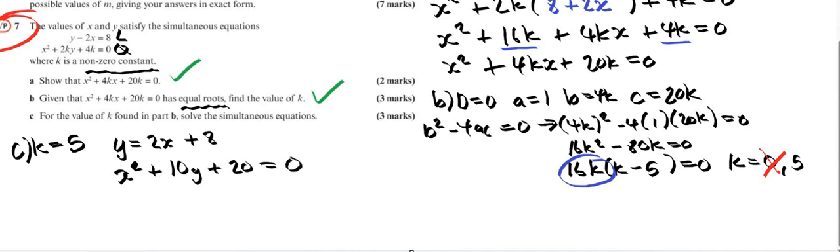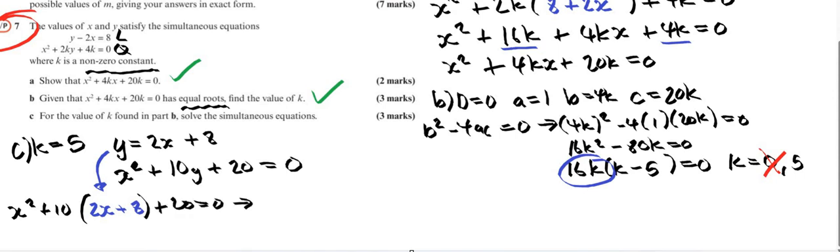Now it's just a simple simultaneous equation. So we do the same thing, x squared plus 10 times, and we'll substitute our value of y, which is 2x plus 8. And then we'll add our 20 and that equals 0.